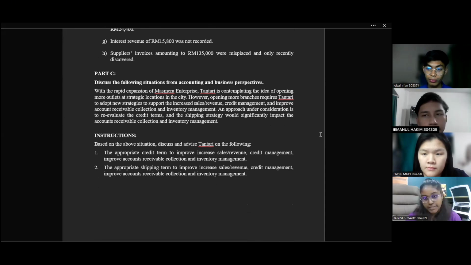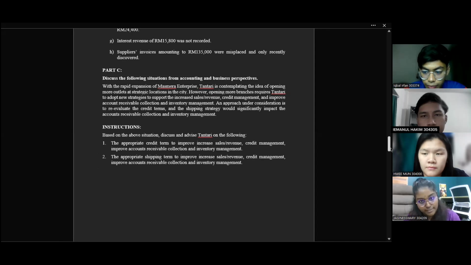As for improving accounts receivable collection, the best option is to streamline the invoicing process. Tantari can use ERP or accounting software to generate and send invoices automatically as soon as goods or services are delivered, and make sure invoices are clear, error-free, and include all necessary details such as due date and payment methods.